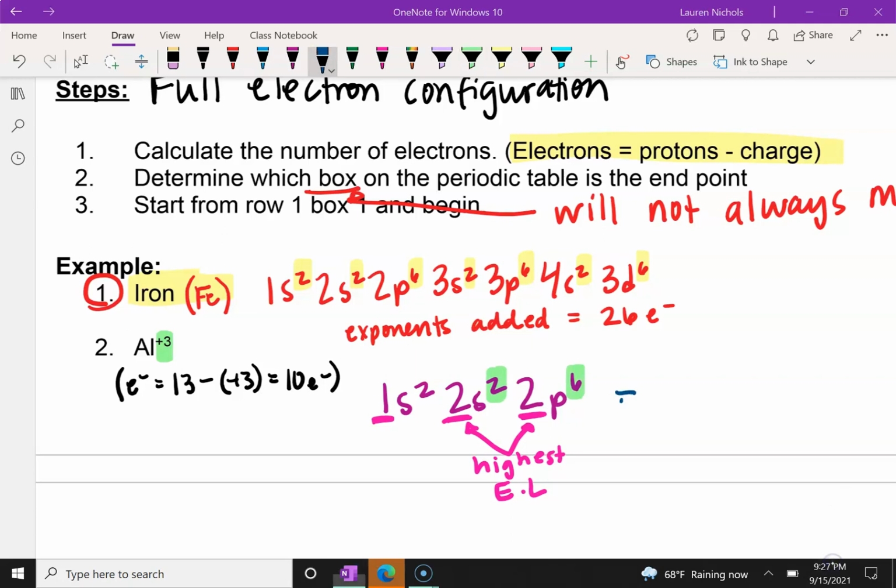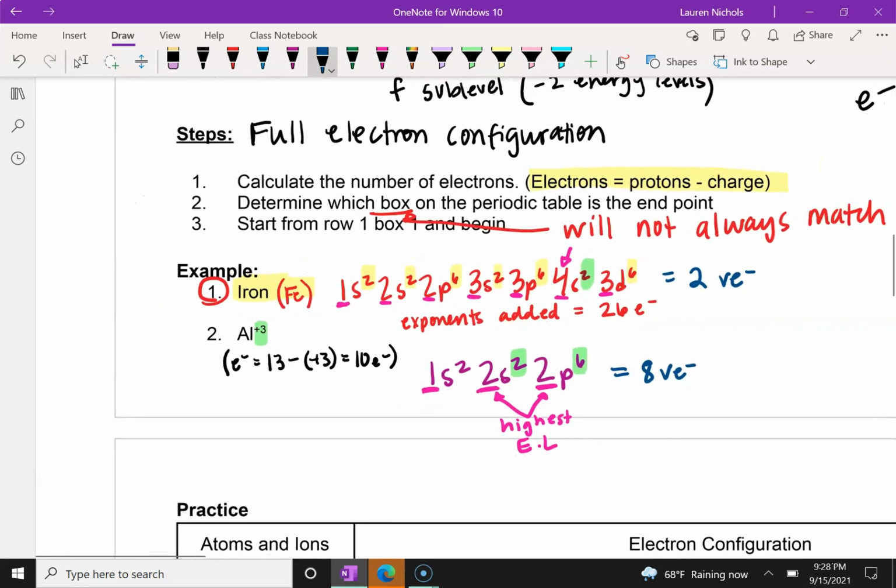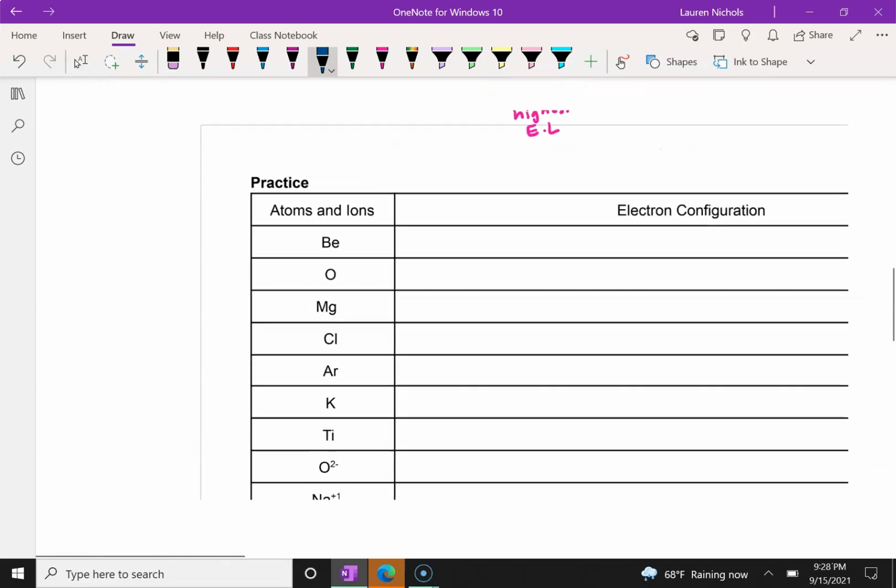So that means this cation of aluminum would have a total of 8 valence electrons, because 2 plus 6 is 8. If I were to look at iron, and I look at my energy levels, I have 1, 2, 2, 3, 3, 4, 3. The highest one is 4, and there's only 2 electrons in there, so that means this one would have 2 valence electrons.